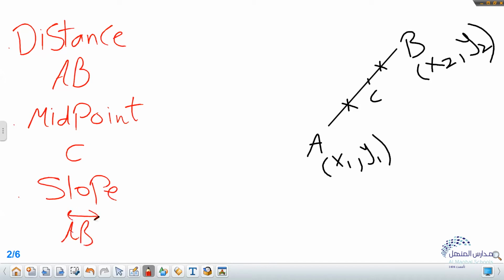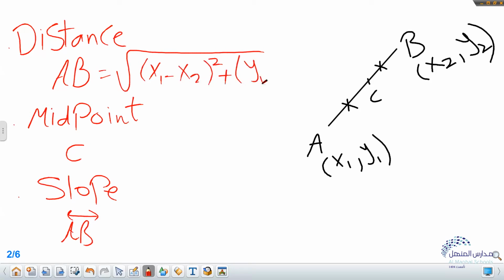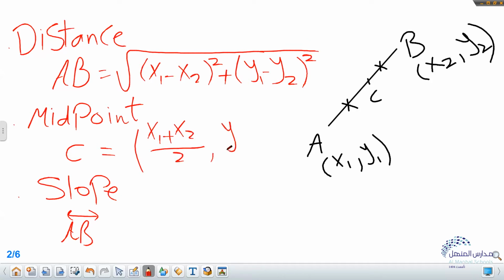Okay, first, what's the distance between A and B, or what's the length of AB? Square root of x1 minus x2 all power 2 plus y1 minus y2 all power 2. But the midpoint of AB, which is C, equals the ordered pair of the sum of x's, x1 plus x2 over 2, and the sum of y's, y1 plus y2 over 2.